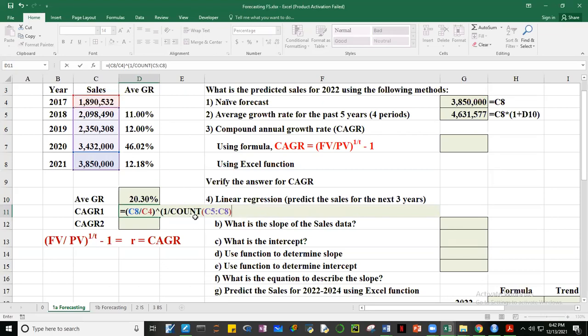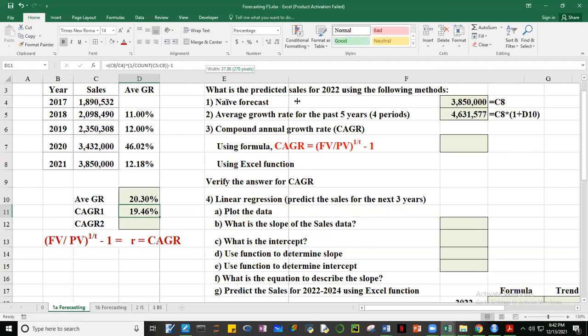So this now gives us 4 periods. Okay, so ganun lang, guys. Future value over present value raised to the 1 over t. And gamitin lang natin yung count natin para pabilangin natin. And then minus 1. Just follow the formula. Control Enter. There you go.